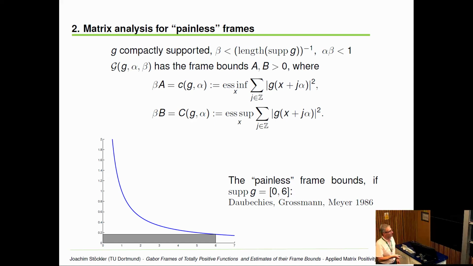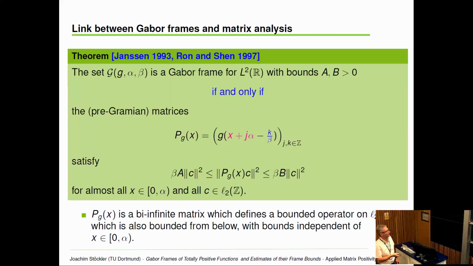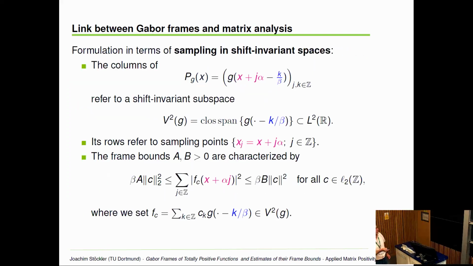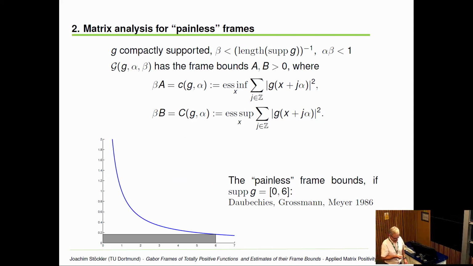But this condition on the lower bound here, to me is like a full rank condition. The columns of P_g(x) are linearly independent. Okay, so this is the full rank condition. That's the way I like to look at the Ron-Shen matrices in terms of numerical linear algebra, I could say.